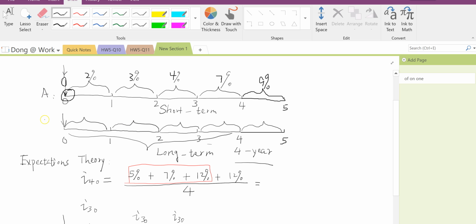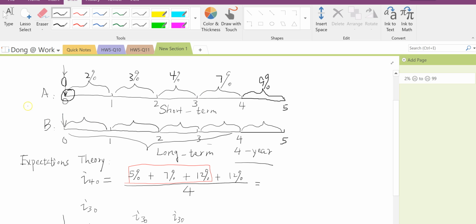But alternatively, they can also choose option B. In option A, they can earn 2% for the first 1-year bond, and they expect they can earn 3% for the second 1-year bond, and 4% for the third 1-year bond, so on and so forth.